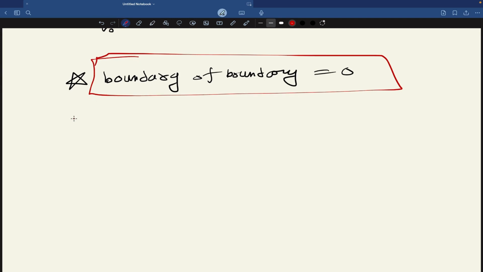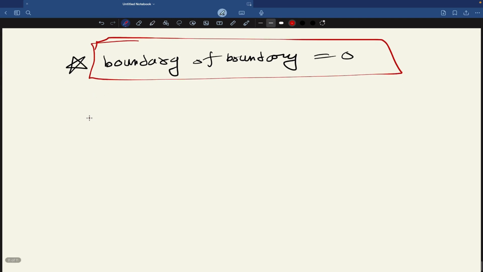I will not prove it, but I will show it for a 2 simplex. Okay, and you can write it like this: del k minus 1 of del k equals 0. Since if I get the boundary of a k simplex, then all the faces are of dimension 1 less than that simplex, right?